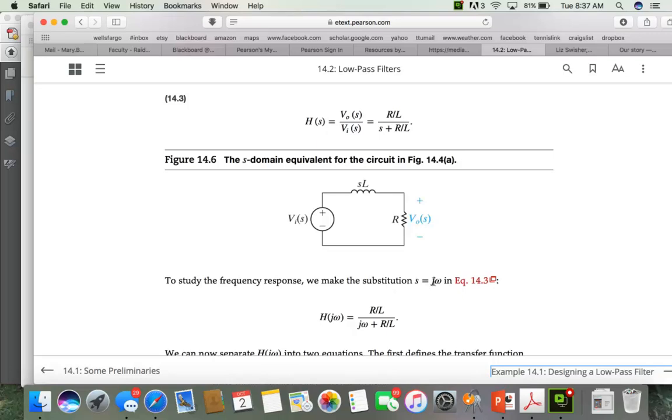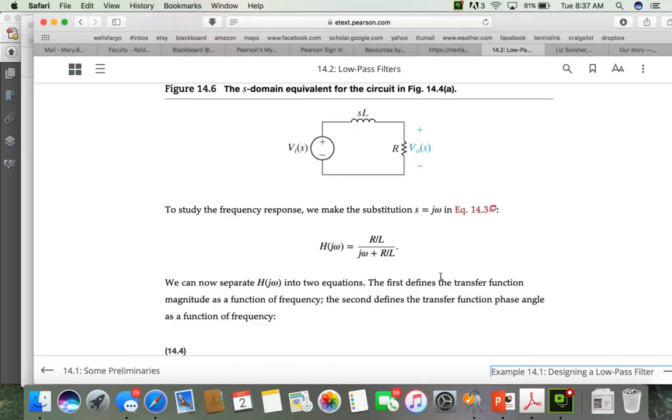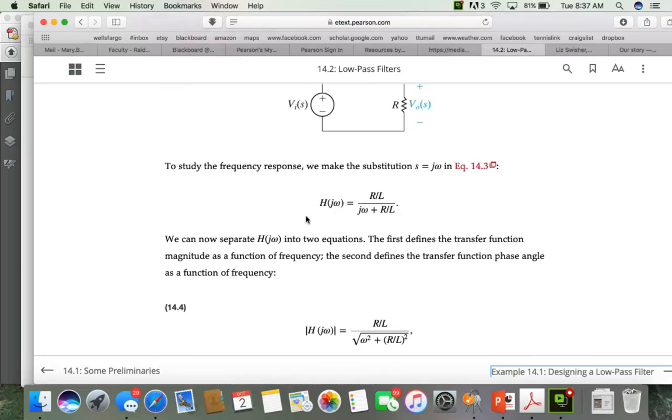So making the substitution, s goes to j omega. Here's what our transfer function looks like when we're discussing the frequency response. So once again, this is not the transfer function in the Laplace domain. This is the transfer function where we are only interested in the frequency response. So we let s go to j omega so that we can evaluate it as a function of frequency.